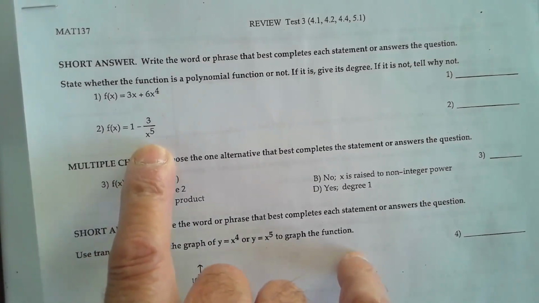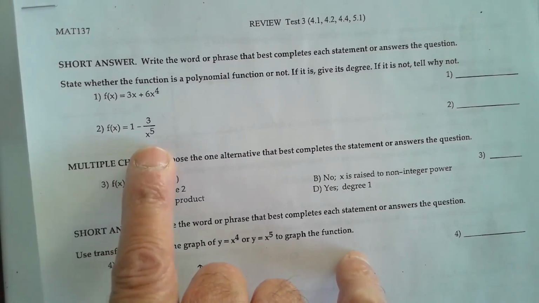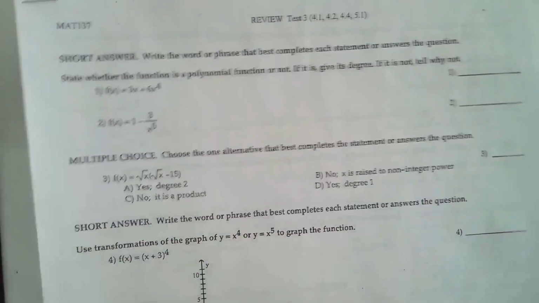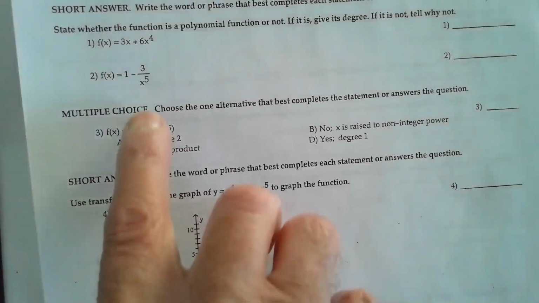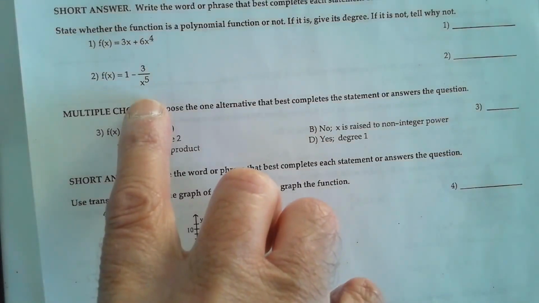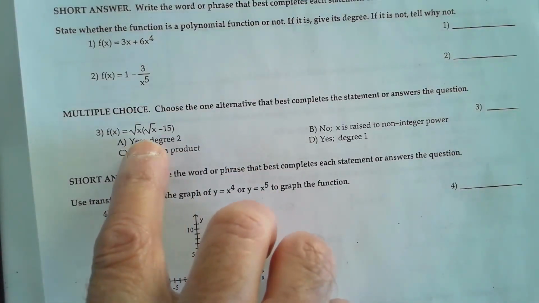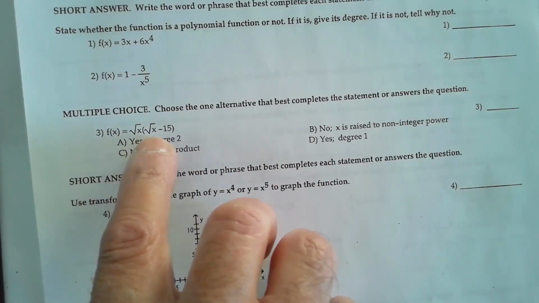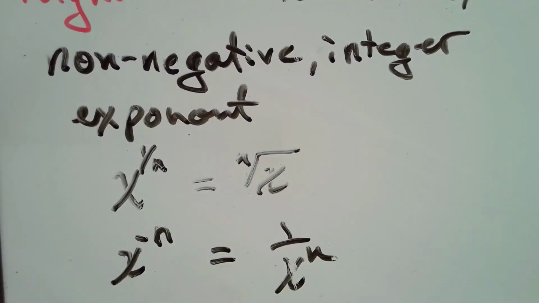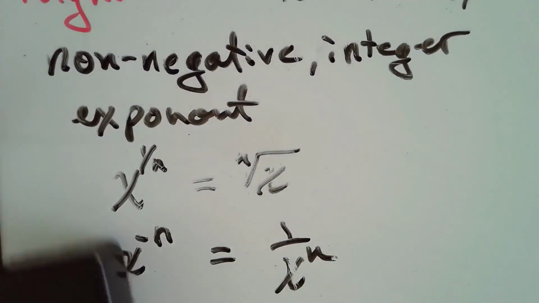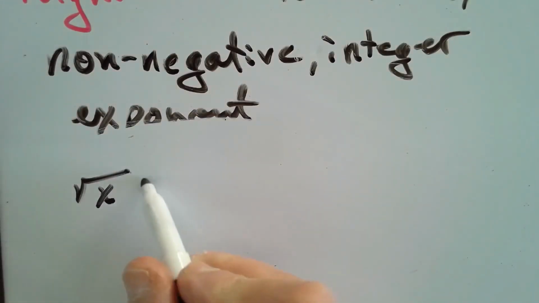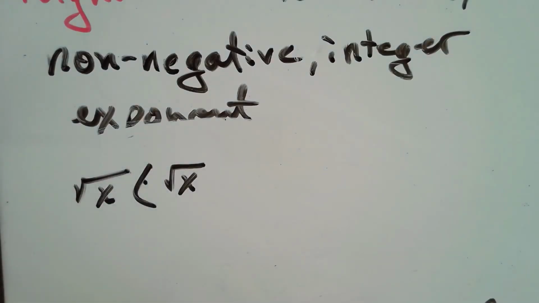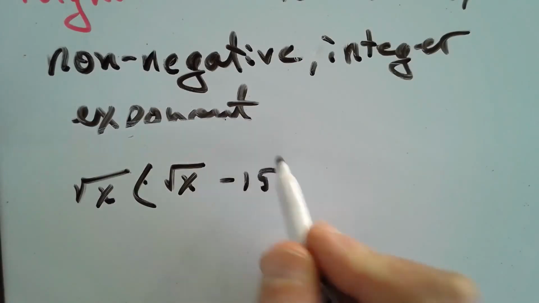Okay. It's a rational function, it's not a polynomial. What about this one? Yeah, it's not, because even though we have the square root of x times the square root of x minus 15, right?